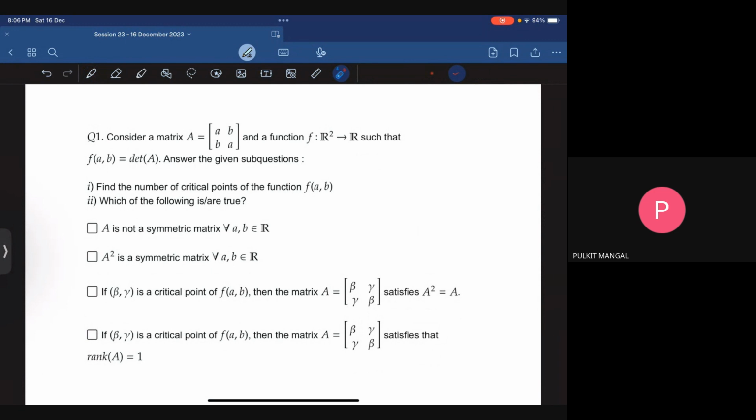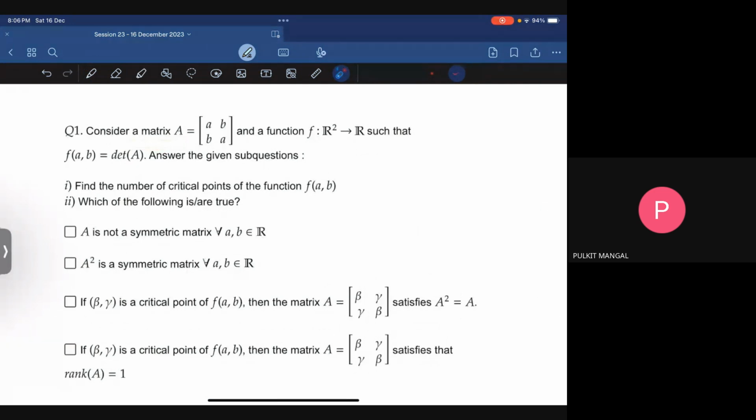We have a matrix given to us in this form: A = [[a, b], [b, a]], and a function f from R² to R such that f(a, b) is equal to the determinant of A. Our first question is to find the number of critical points of the function f(a, b).